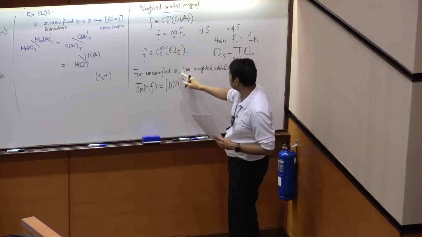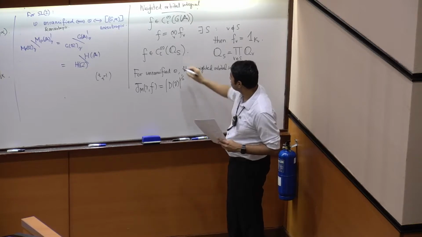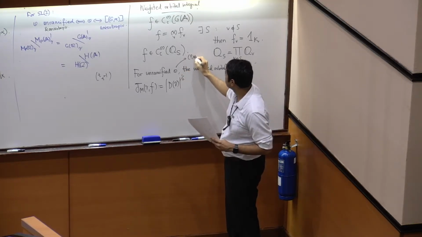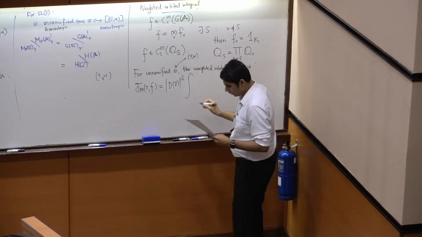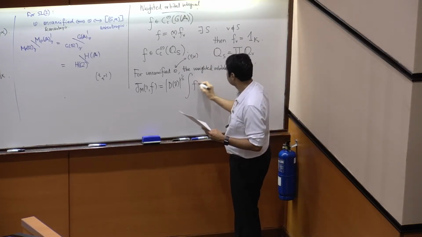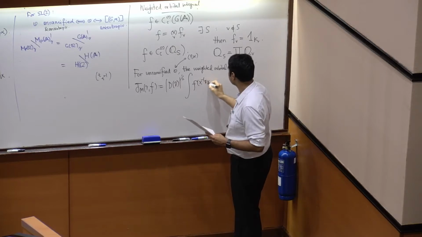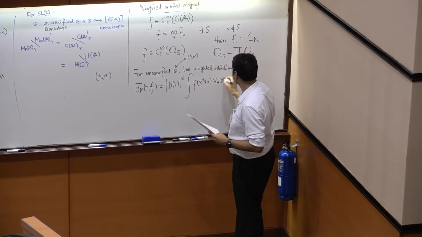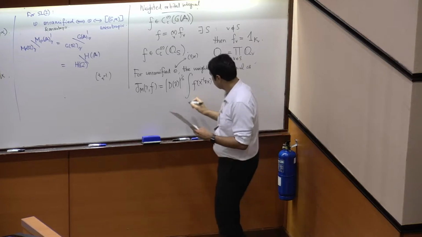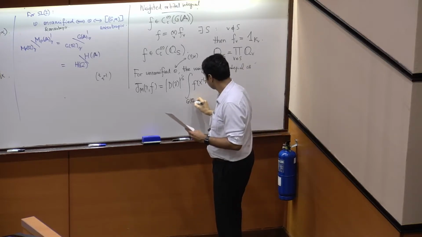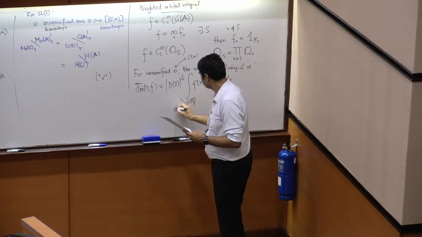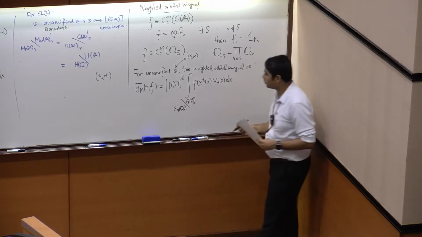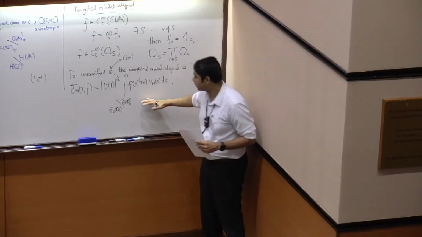So suppose you have unramified O corresponding to P comma alpha, the anisotropic rational data, and this is the weighted orbital integral, integral of f of x inverse gamma x times v_M of x dx. So this is the definition of the weighted orbital integral.